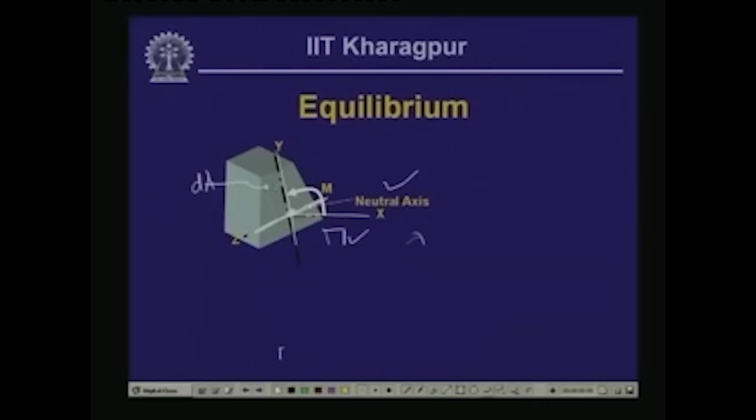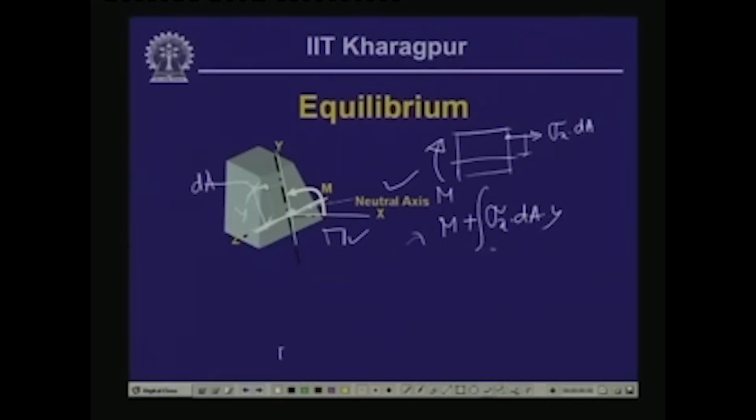If we take the moment of this particular area, this is the beam segment we are assuming, having a moment M here, and here we are considering the force, which is sigma x times dA. The moment of this force is sigma x dA times the distance y. If we call this distance y, then the moment M plus the integral of sigma x dA y over the area is equal to 0.